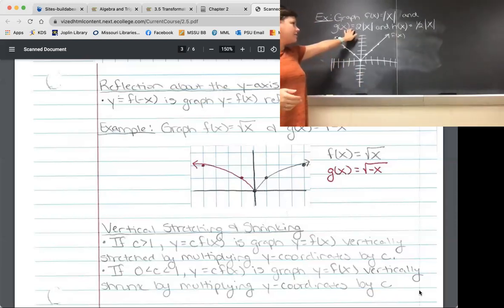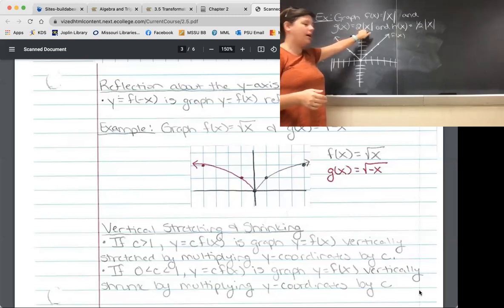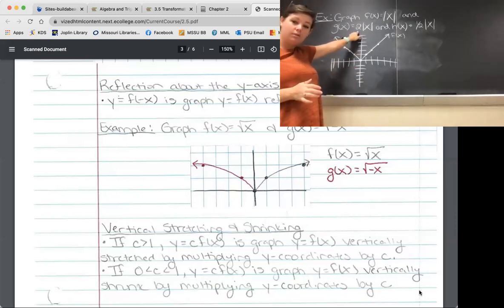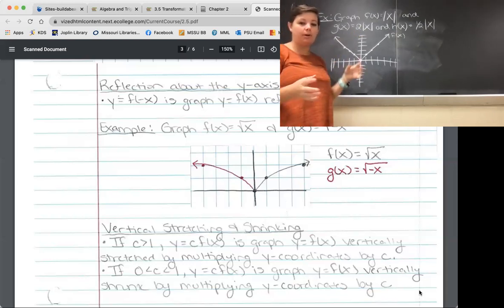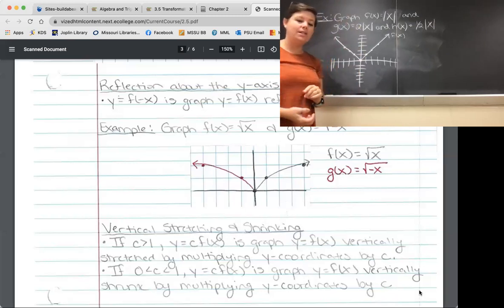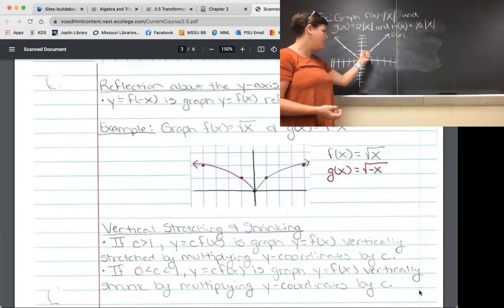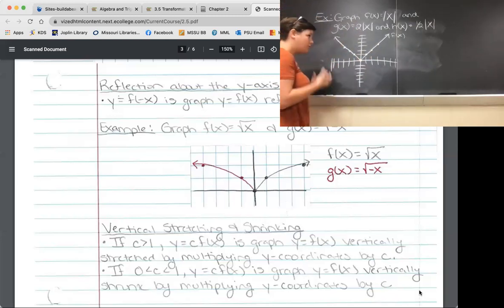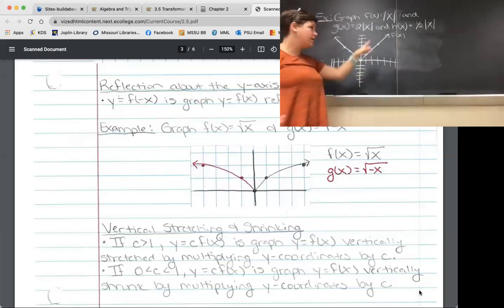Now our g of x says we have 2 times our f of x, or 2 times the absolute value of x. So that is a c, there is 2, and it is greater than 1. So it's this first example where we're going to be vertically stretching our graph. And what it says is we're taking each y value that we have in our original and we're multiplying it by our c, which is 2. That's what we're doing for all of these. You're taking your c, multiplying your y's, and changing them.